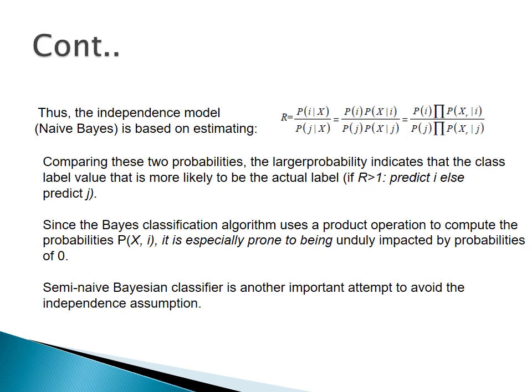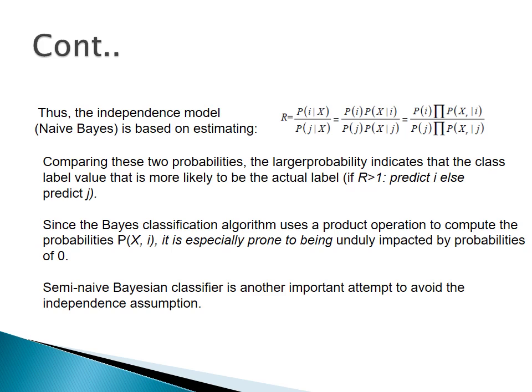This is a probability, a conditional probability. It is represented using the mathematical notation called conditional probability: R equals P of i given x divided by P of j given x. Comparing these two probabilities, the larger probability indicates the class label value that is more likely to be the actual label.